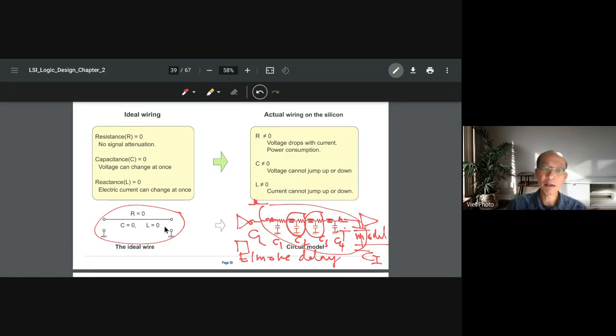If you have the cell here, you have this, whatever. You can see that in the old days, they just needed to do the logic synthesis, which deals with the Boolean equation. That's enough.